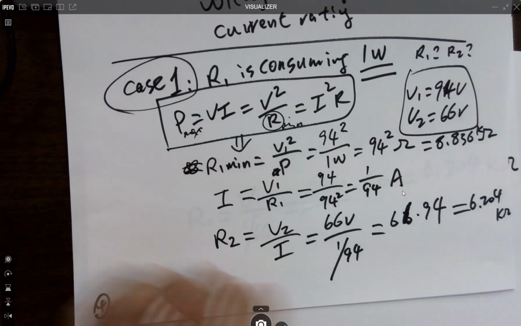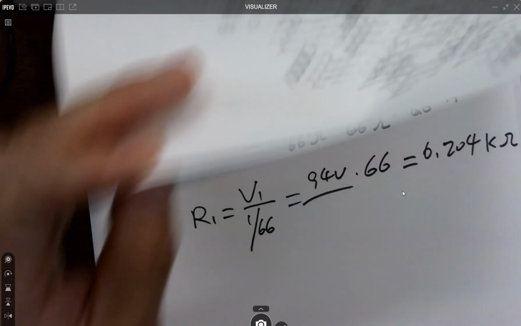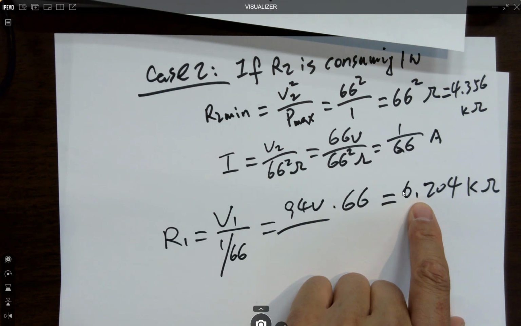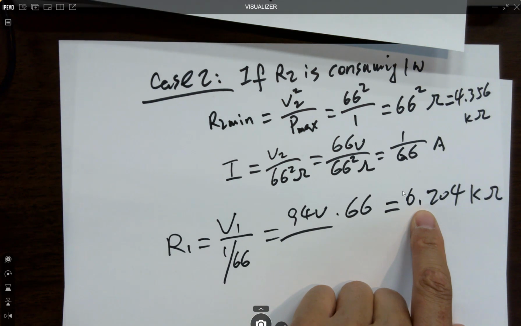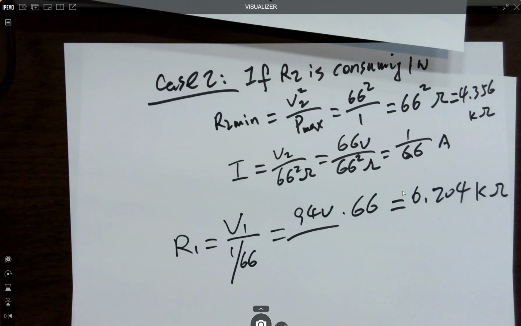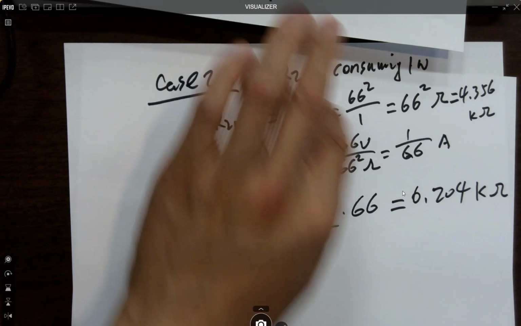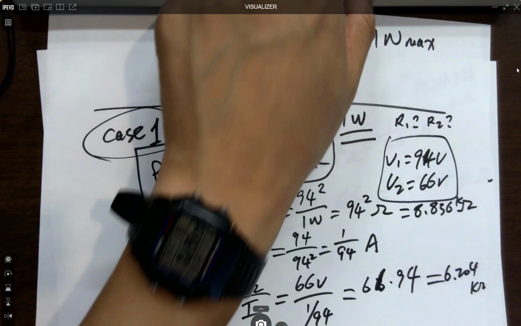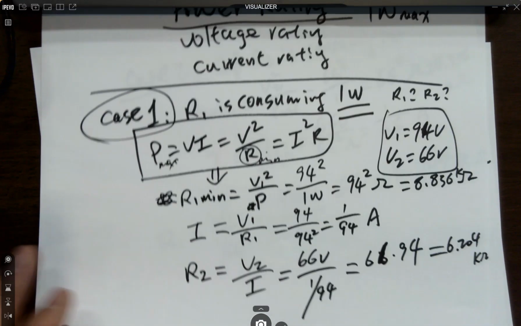Because case 1 is giving like 8.8 and 6, and case 2 is only like 4.3 and this. I don't really agree with the solution here. I know it's due today. I mean, just to put this one in there. Yeah, but you may have different numbers, right?